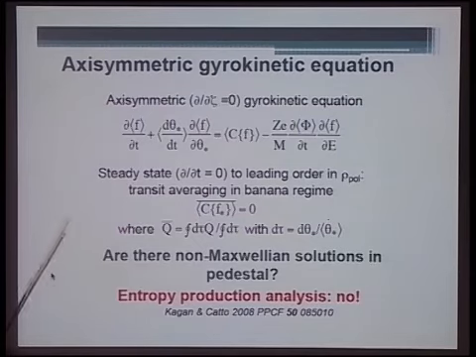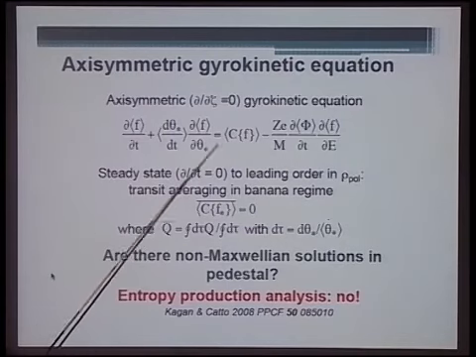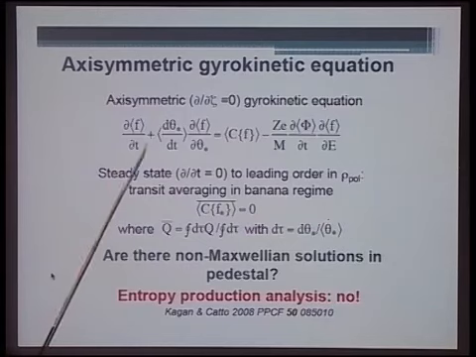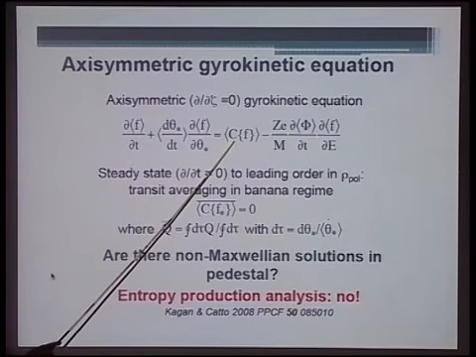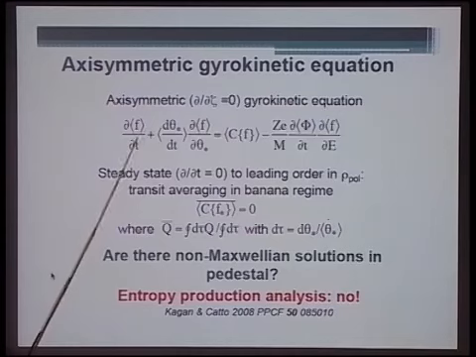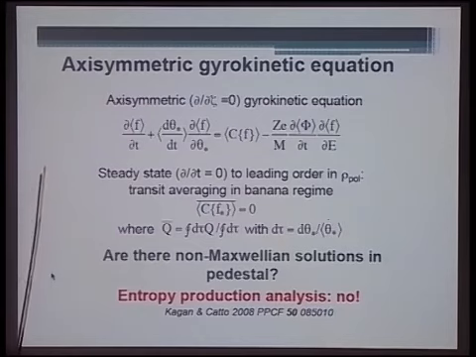So if you were looking at neoclassical transport, you'd throw away the time derivatives, and you'd just be trying to solve the theta derivative balancing the collision operator. If you were looking at the Rosenbluth-Hinton zonal flow problem, you would throw away the collision operator, keep the time derivatives, and do a poloidal average of this equation to do the Rosenbluth-Hinton problem.